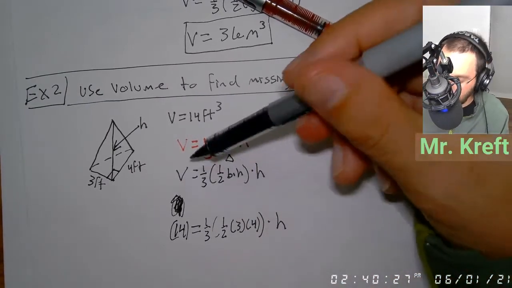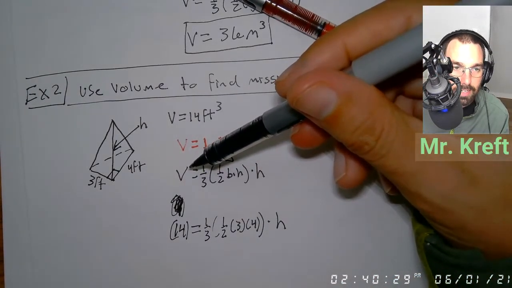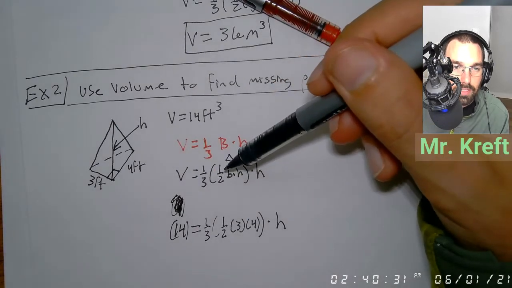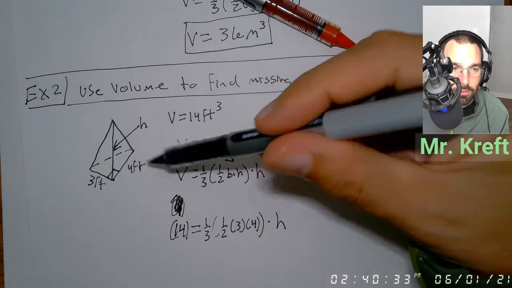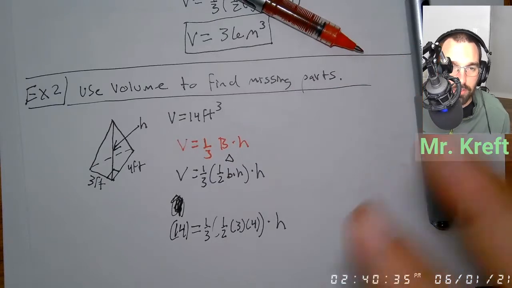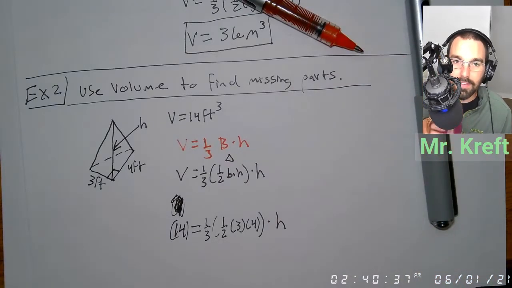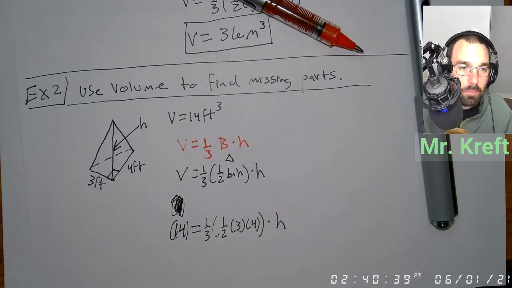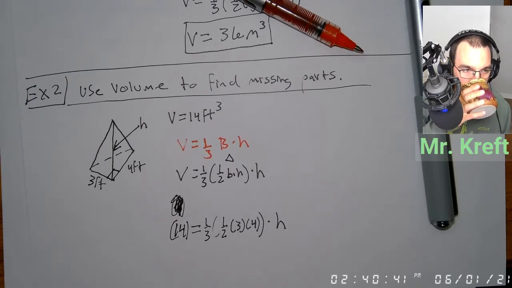All I did here is replace my V with the 14 that I knew. I replaced the base and height of the triangle with the numbers on the base of the triangle. And then I don't know the height of the pyramid, so I'm leaving that as h.